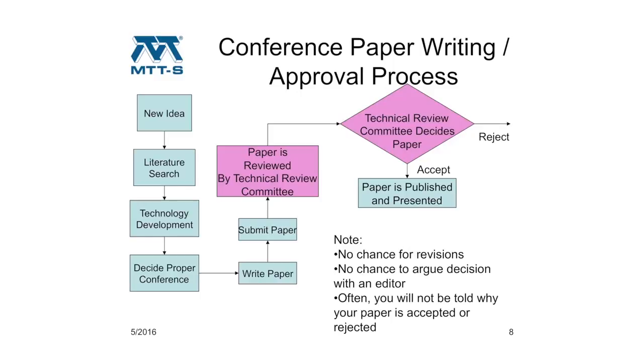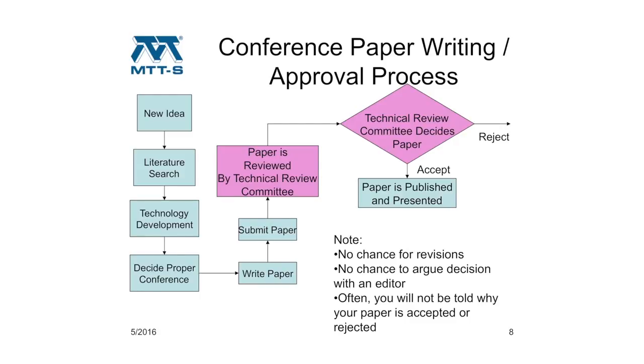I would spend days in the library. Now you go into Google Scholar, you type in a few keywords, come up with 10,000 hits, and then you've got to weed through them and figure out which ones really apply to you. But do the literature search first, so you don't waste a lot of time and money developing something that has been done a long time ago.